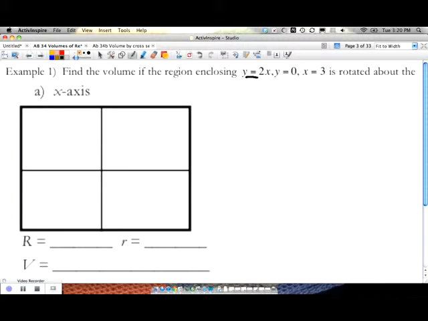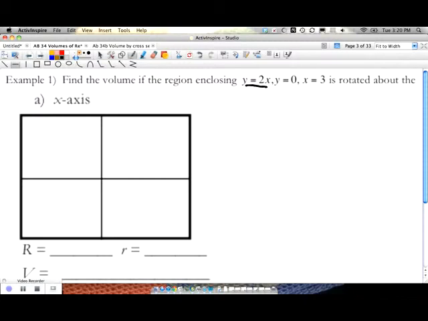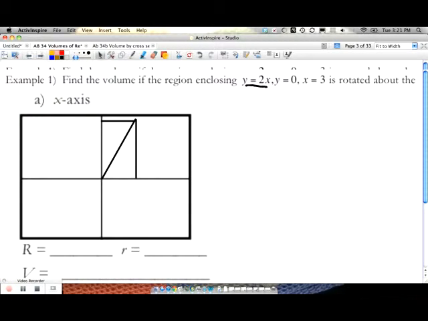Otherwise, we're going. So the first thing, our function is y equals 2x. So I'm going to go ahead and draw that on my graph here. y equals 2x looks like a line about like that. I know that this is going to go to x equals 3, which means that on the y-axis I'm actually at 6.